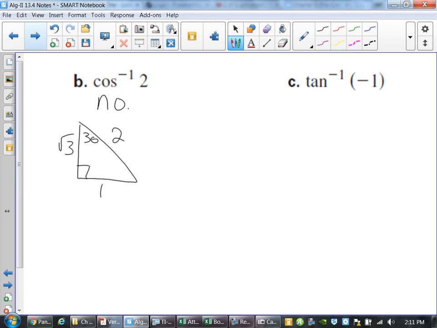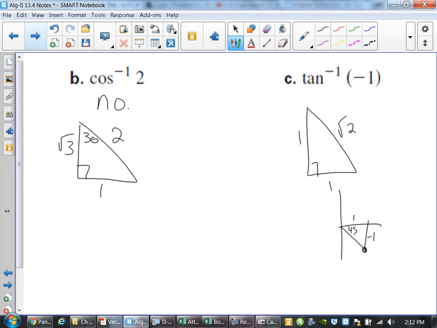What angle has a tangent of -1? It's on an asymptote? 45, 45, 90 has a tangent of 1, doesn't it? Yeah. Well, where's tangent negative? At negative 45 degrees. It's down below. So what angle has a tangent of -1?